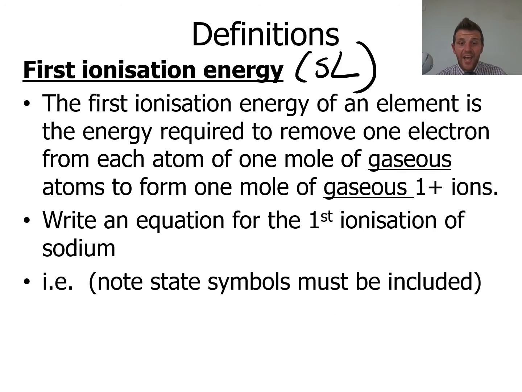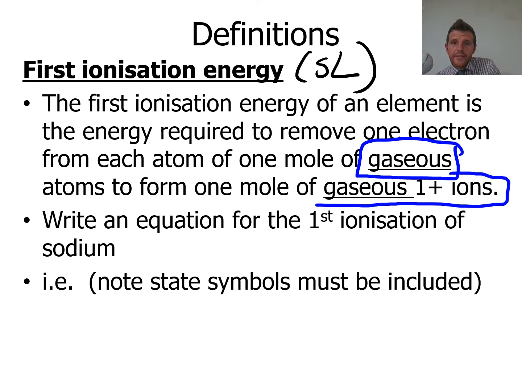You have to have state symbols, and this is crucial because, as you'll notice, this bit being underlined, gaseous. This is to remove any, oh man, this is going to be chapter 4, but just trust me here.